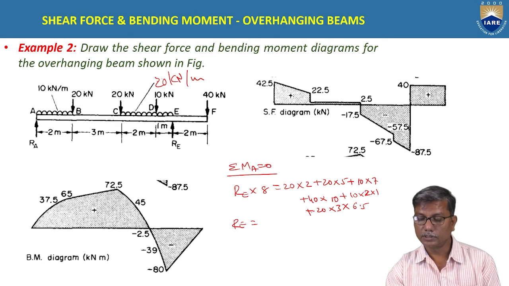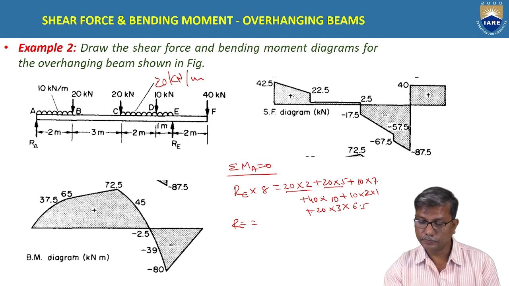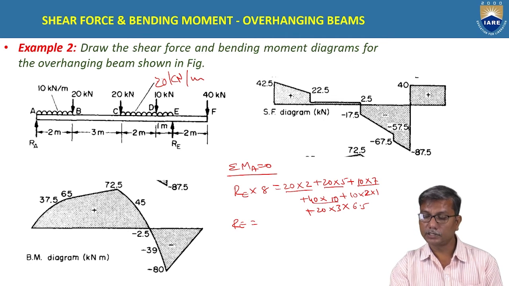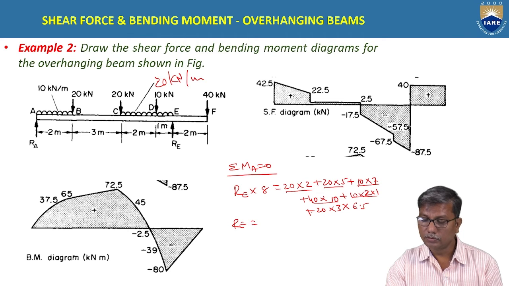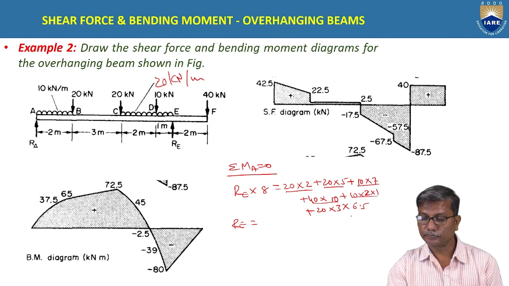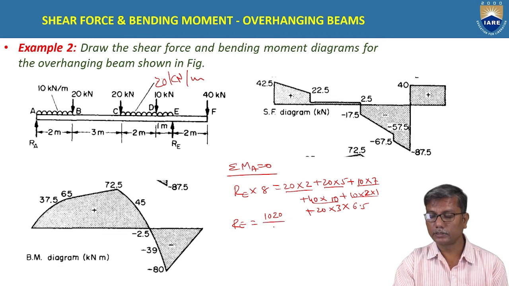So the total value here: 40 plus 100, 140 plus 70, 210 plus 400, 610 plus 20, 630, 630 plus 390, it will be 1020 by 8.